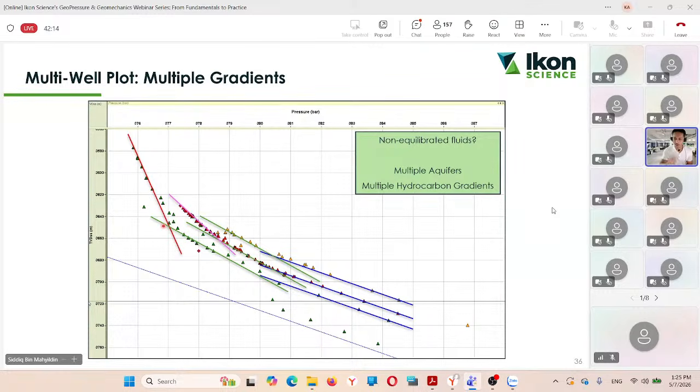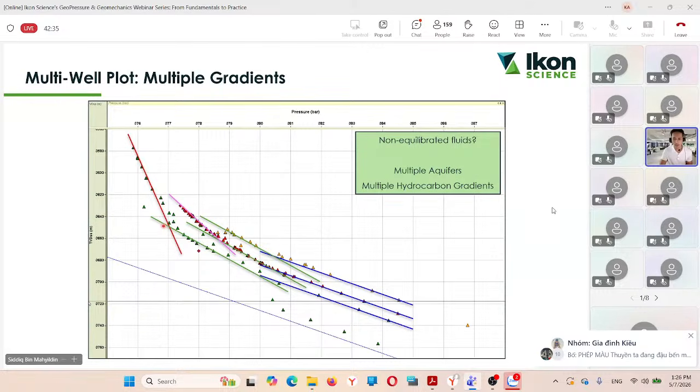So the fact that we are seeing multiple gradients for multiple wells could suggest that we are dealing with a system that is not fully equilibrated. This could be due to multiple aquifers, for example, separate hydrocarbon accumulations, some level of compartmentalization, and so on.